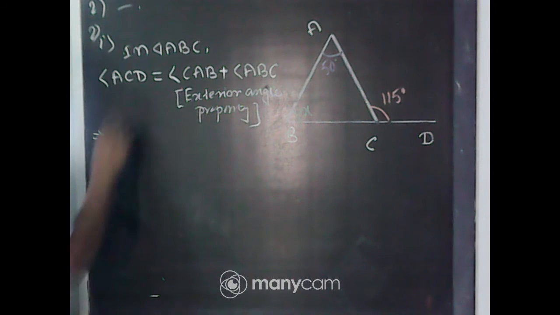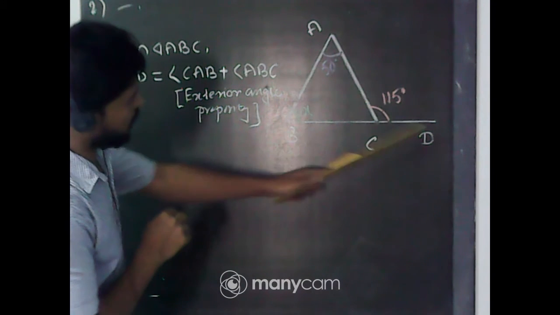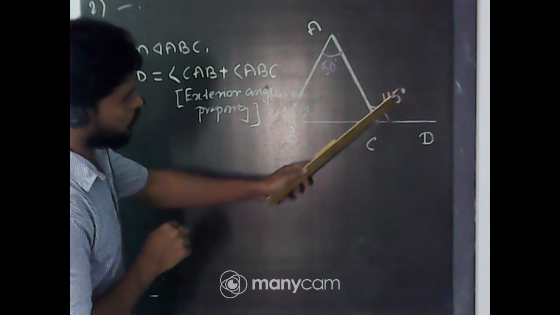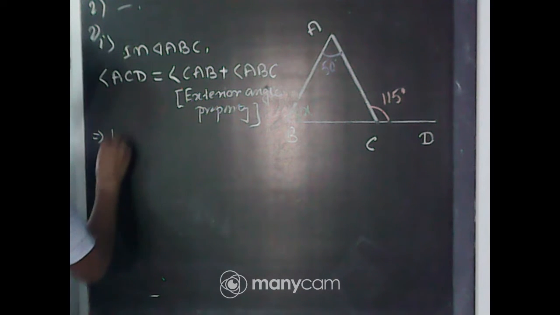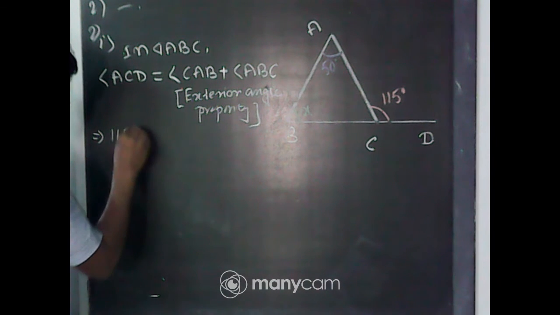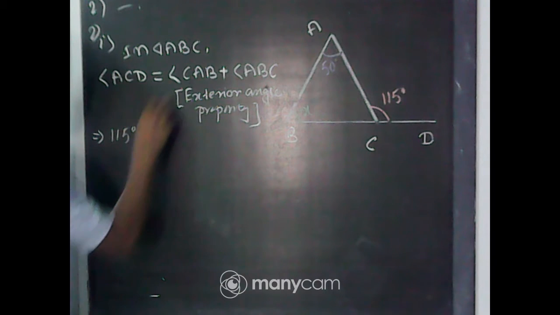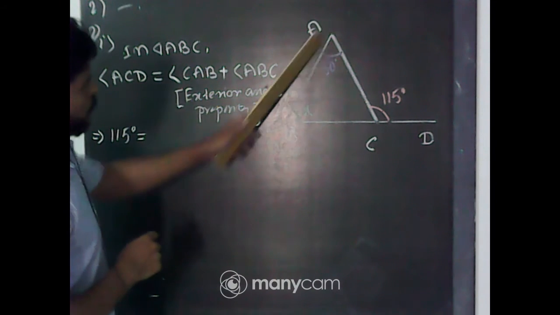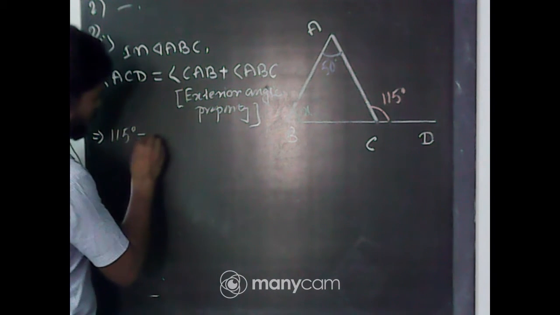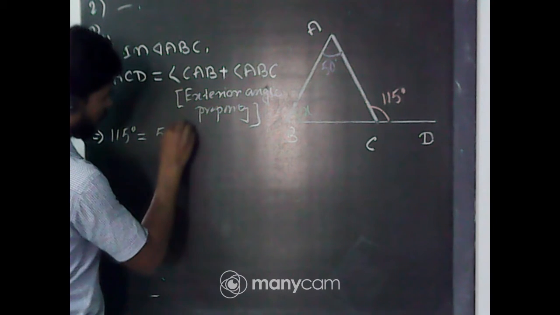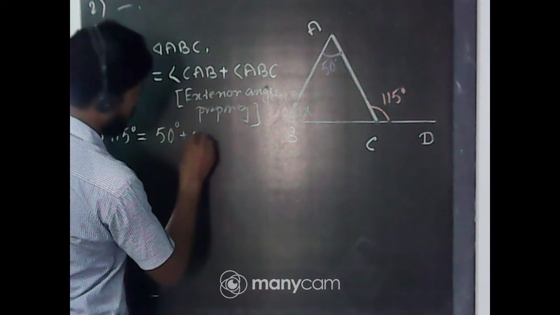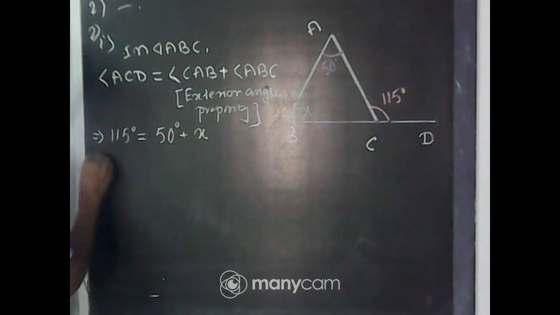Now put the values. What is the value of ACD? From the diagram, the value of ACD is 115 degrees. So 115 degrees is equal to the value of CAB, which is 50, plus the value of ABC, which is x. Now from here we have to find the value of x.